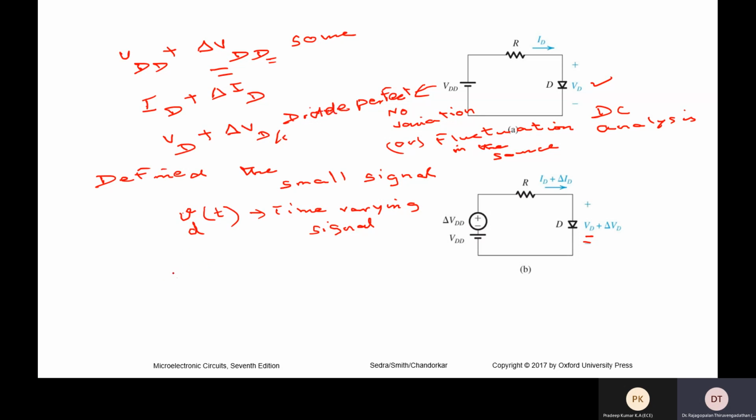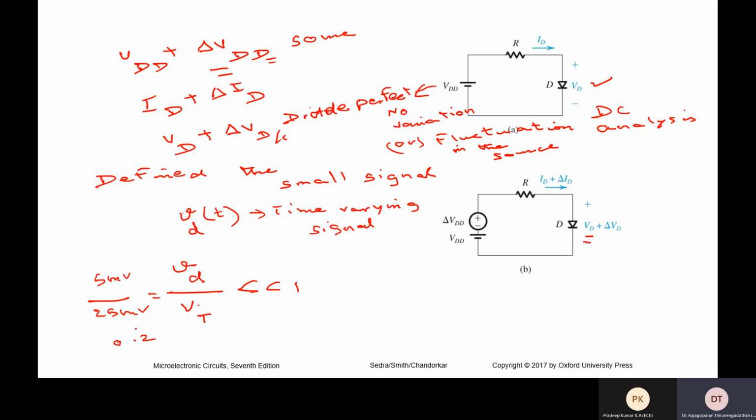And how small it is, that is defined by the fact that the ratio of this signal to the thermal voltage is much smaller than 1. I told you what the typical values are. Recalling quickly, small vd is typically around 5 millivolt, and VT at room temperature is typically around 25 millivolt, so that becomes 0.2.